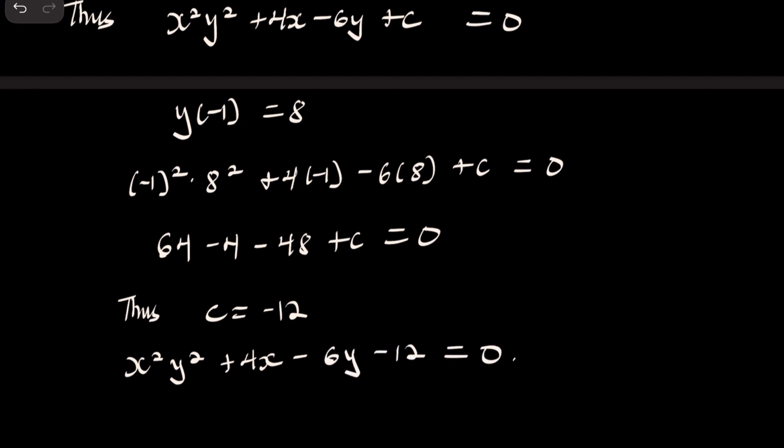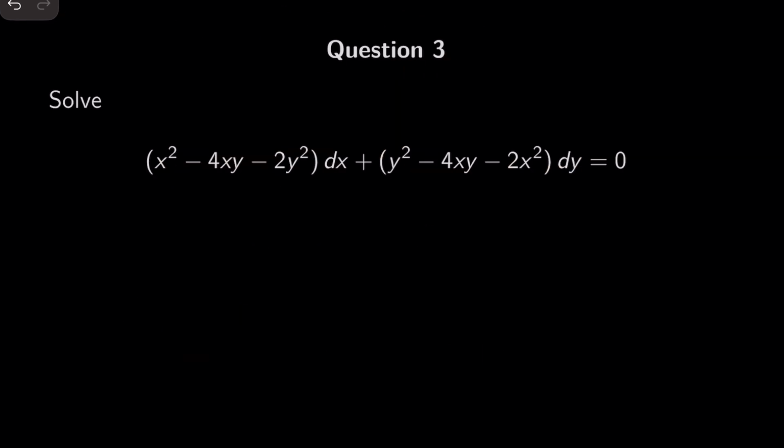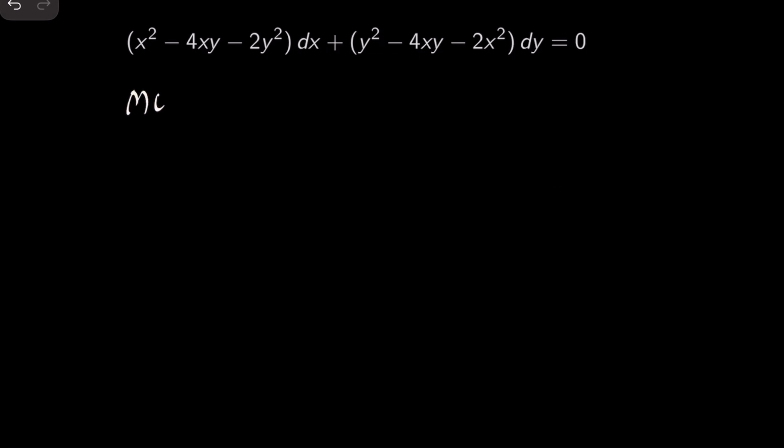With our third question, we are to solve the differential equation x squared minus 4xy minus 2y squared dx plus y squared minus 4xy minus 2x squared dy is equal to 0. Here, our first step is to compare the given differential equation to the standard form, that's M of x y dx plus N of x y dy is equal to 0.